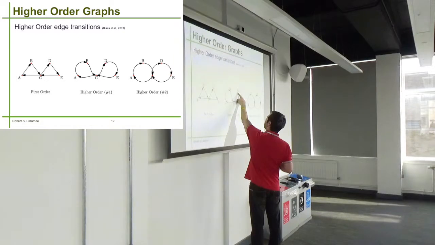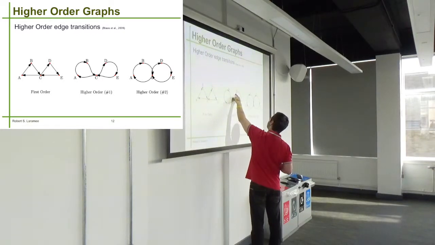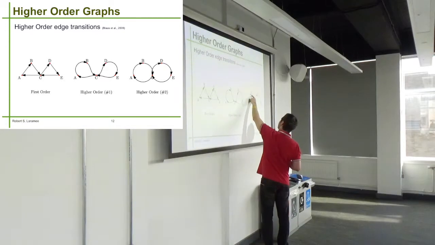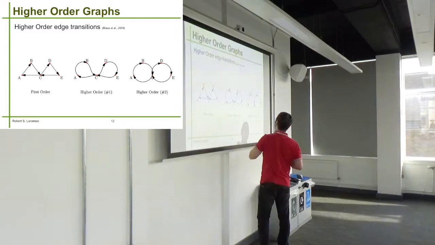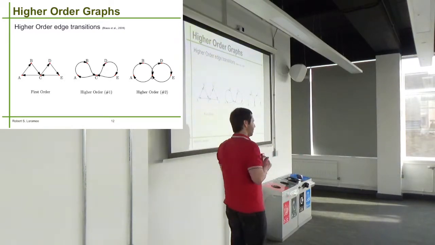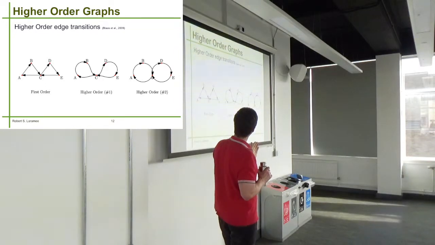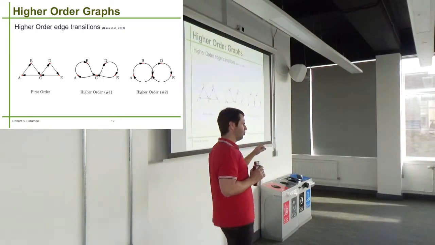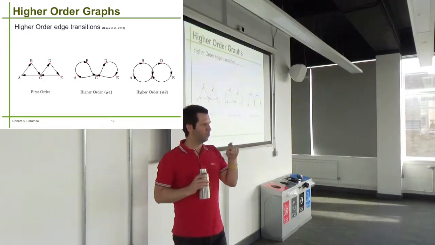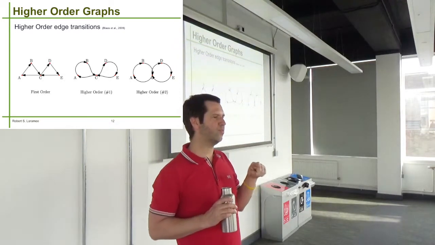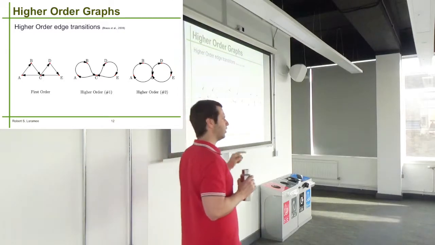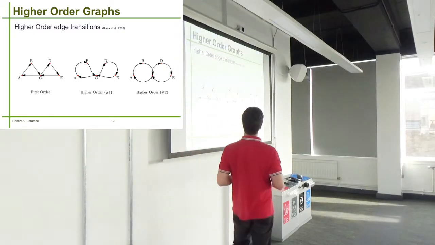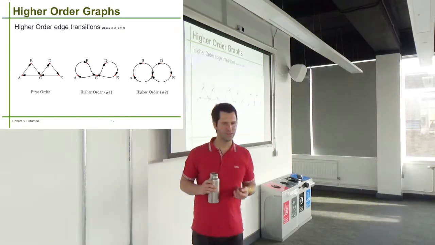Because starting at D, only B really can get to D. And in this version, we cannot get to D from B. We have to come from E or C. So by adding a curve to the edge, you can go backwards by more than one node and find out where you came from more than one node prior to that. That's the idea.